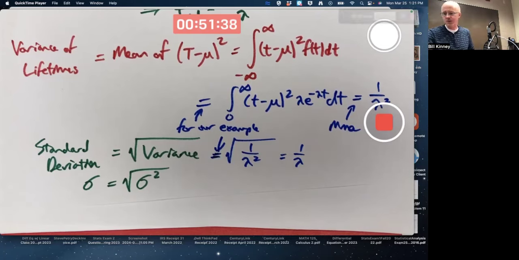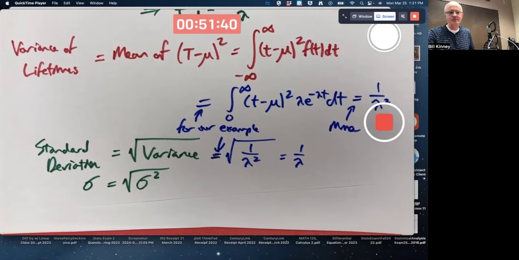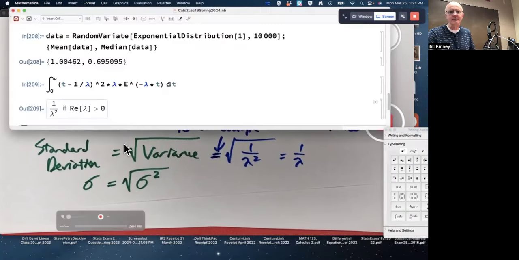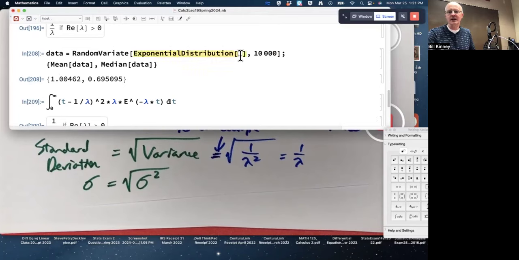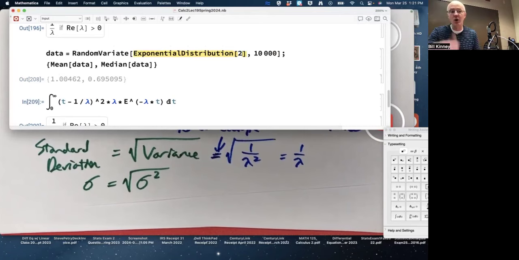By the way, we might also in the simulation want to confirm for other values of lambda that we get the right thing. Like if I change lambda to 2, 1 over 2 is a half. The mean should go close to 0.5. The median should get cut in half as well. It should be close to 0.35. Yeah. So it works for other values of lambda as well.